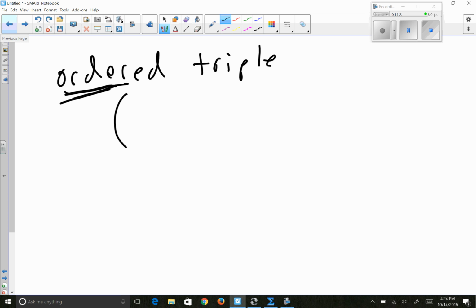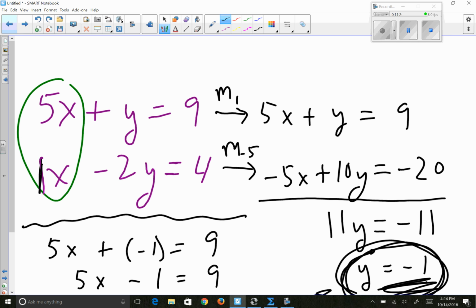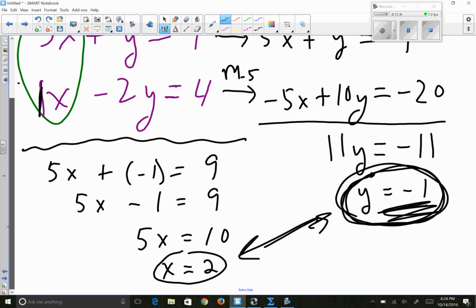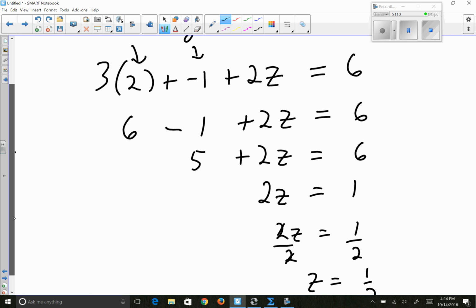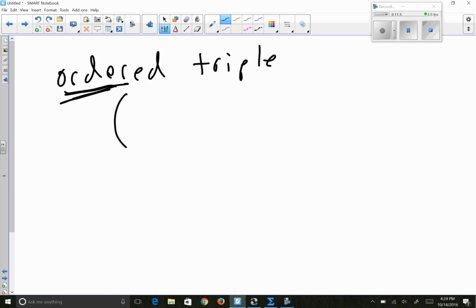That means x, y, z. So we're going to write 2, comma, -1, comma, 1/2. The order is important. It's alphabetical order, x, comma, y, comma, z.